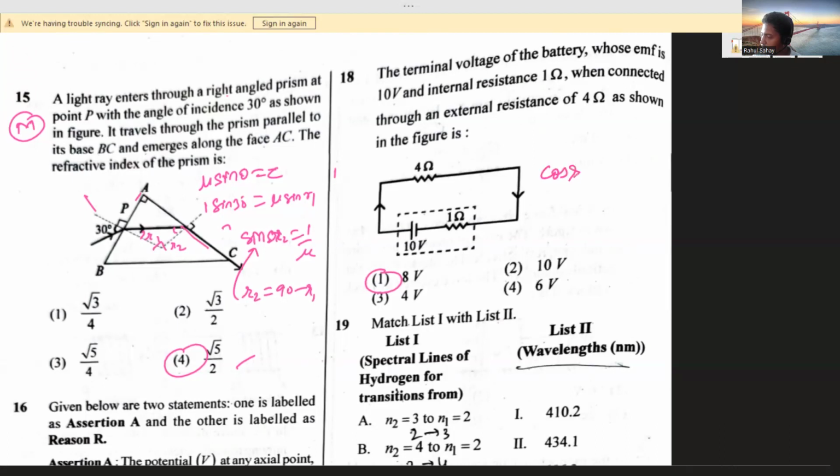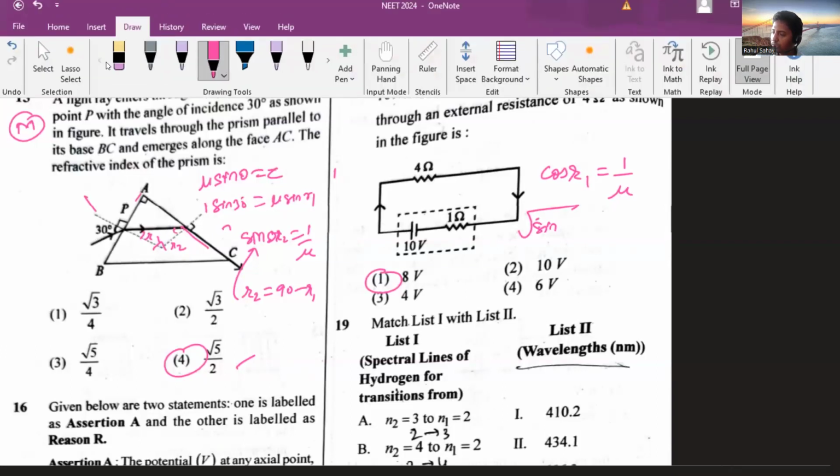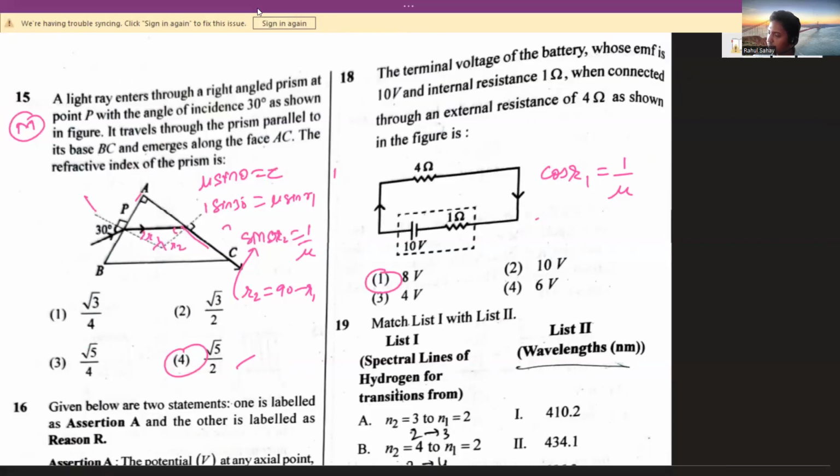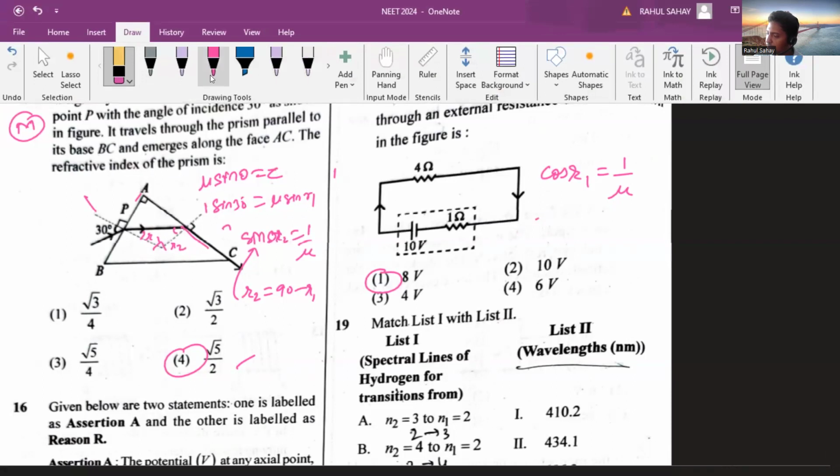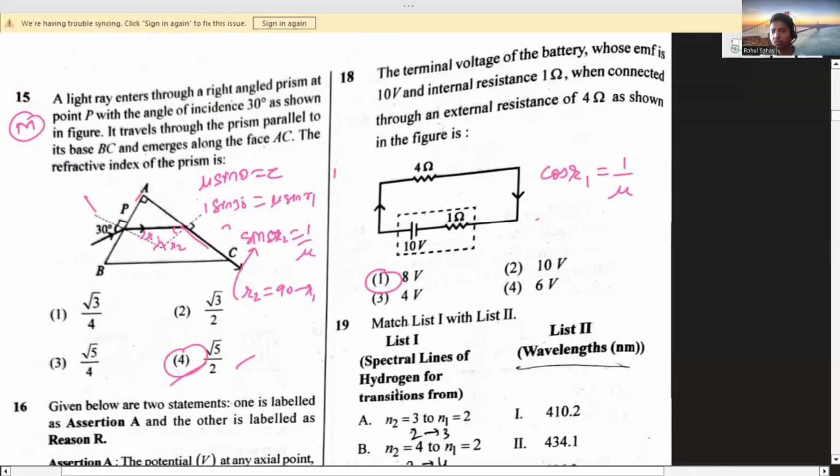So cos r1 is equal to 1 by mu, then root of 1 minus sine square. If you use both the equations, we will get root 5 by 2. So we have to use the two equations and solve.